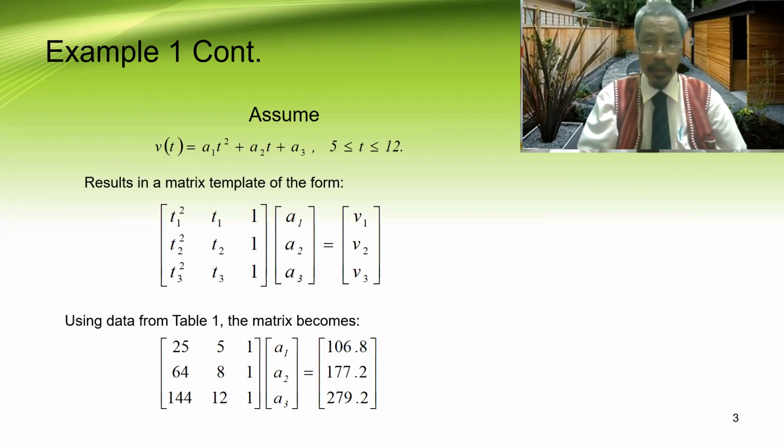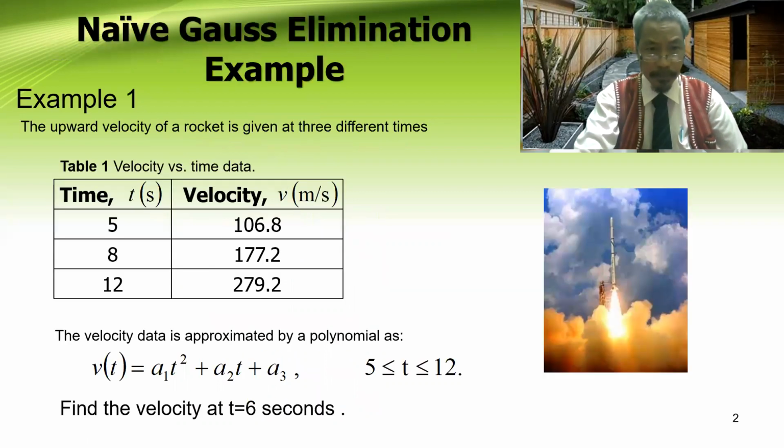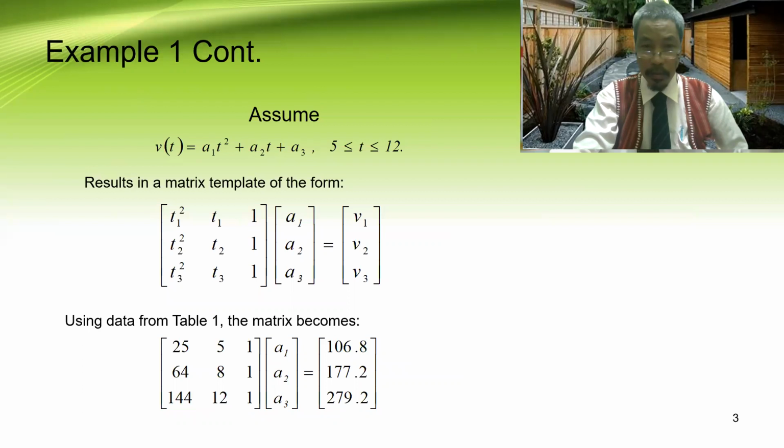This is actually the given: the velocity data is approximated by this. So they give us the model, and we are going to look for the values of a1, a2, and a3.